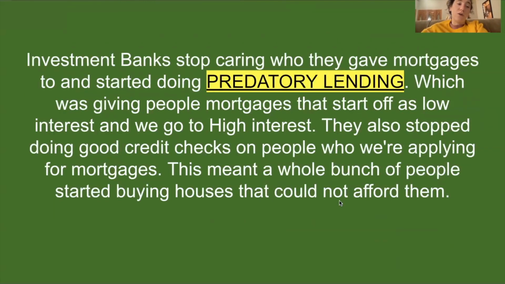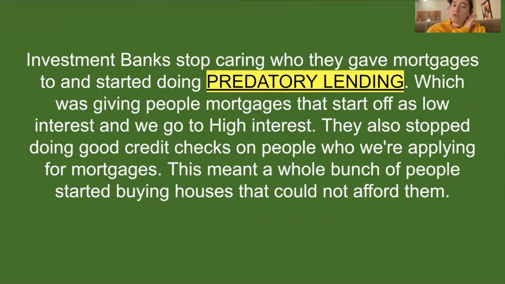Then we get into investment banks beginning to stop caring who they give mortgages to. They just start giving them out to really anyone, trying to get anybody to take out a mortgage with them. And they start doing, like we've said, predatory lending, which was basically giving people mortgages that start off as low interest that they're able to pay and then increase to a high interest that they can't afford.